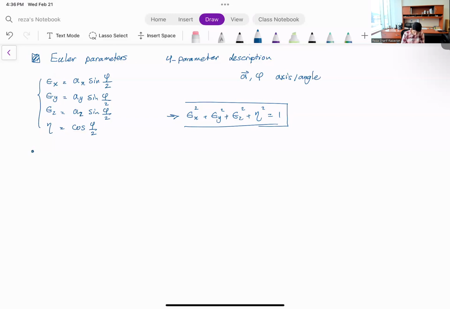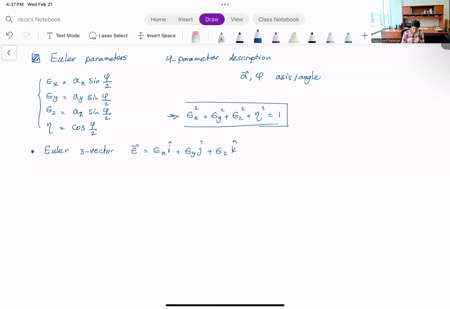A few notes or definitions. There is something called the Euler 3-vector. That one is a 4-vector, this one is a 3-vector. It is a vector epsilon, which is epsilon x i plus epsilon y j plus epsilon z k.